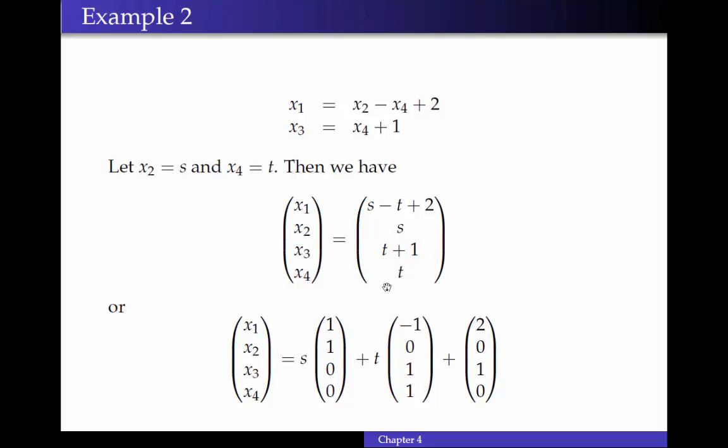So to get this result vector, I have s times 1, 1, 0, 0. And so that's just the coefficient of s in every one of these terms, 1, 1, 0, 0. And then t is negative 1, 0, 1, 1. And then my constant term would be 2, 0, 1, 0.